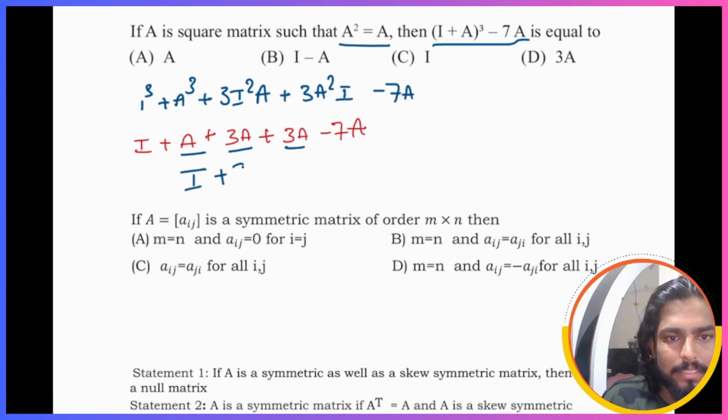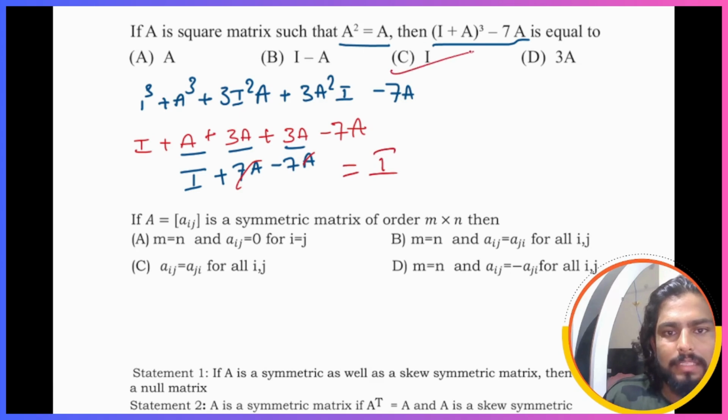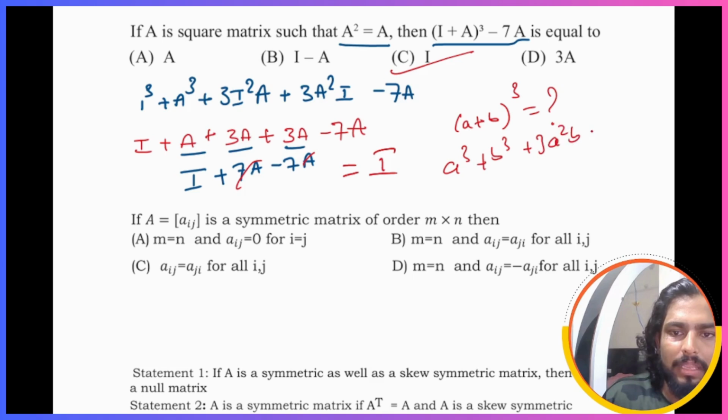I plus 7A minus 7A. So everything cancels and finally we end up getting only I. So option C, I is the answer. Here it is enough to know the a plus b the whole cube formula. It is a cube plus b cube plus 3a square b plus 3ab square.